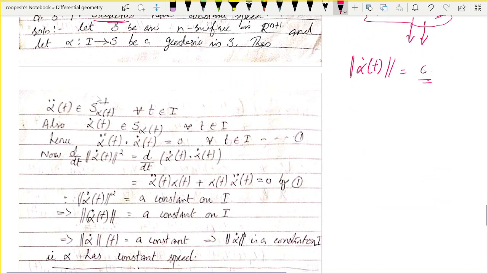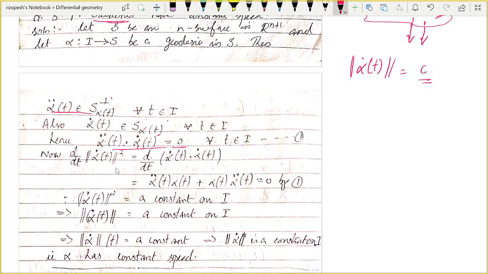That means alpha double dot of t belongs to S perp at alpha of t for every t in I. And alpha dot of t belongs to S at alpha of t. Therefore alpha double dot of t dot alpha dot of t should be equal to 0.